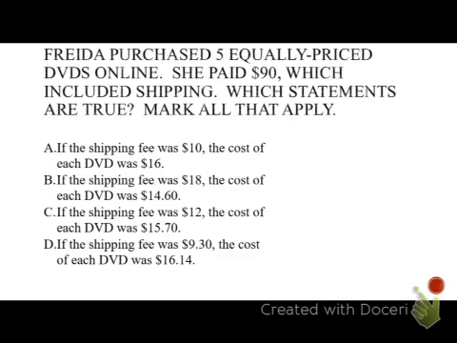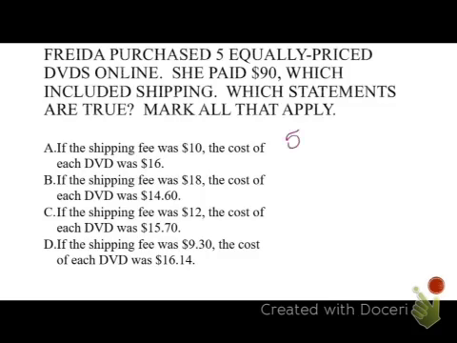Frida purchased 5 equally priced DVDs online. She paid $90, which included shipping. We want to know which statements are true about this situation. You can take the scenarios that are given in the answer choices and create a statement that says what's happening.